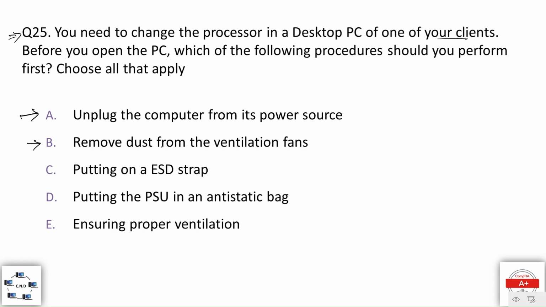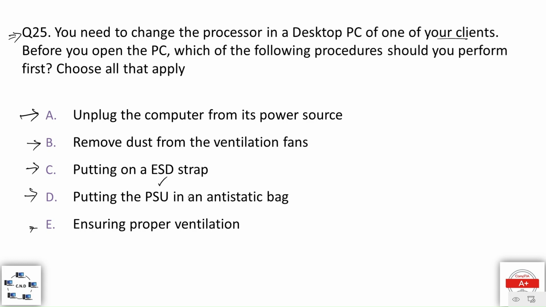Option B, remove dust from the ventilation fans. Option C, put on an ESD strap, electrostatic discharge strap. Option D, put the PSU in an anti-static bag. PSU is power supply unit. And option E, ensure proper ventilation.